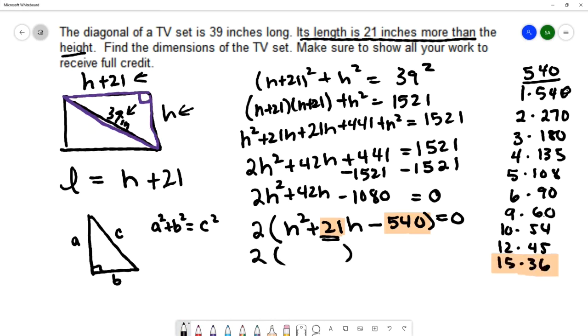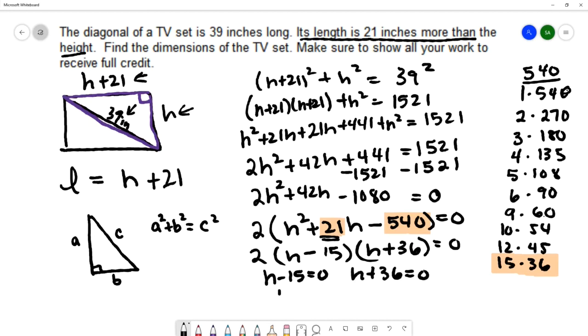So let's factor this into h and h. 15 and 36. I want the positive on the 36 and the minus on the 15. I can then set each one of these factors equal to 0. And that gives h equals 15 and h equals negative 36.